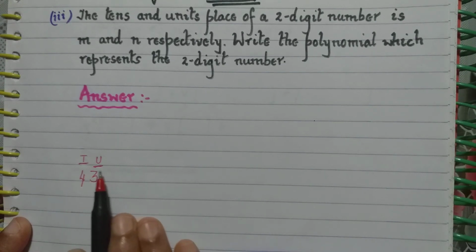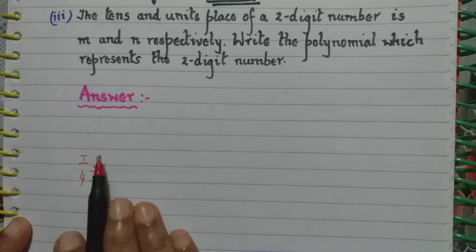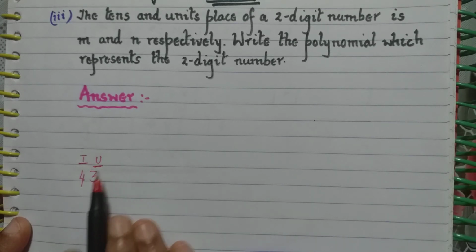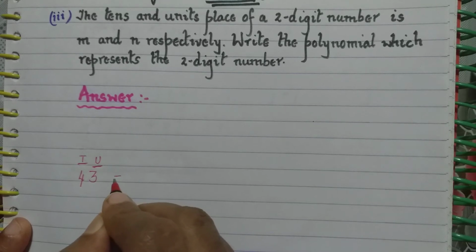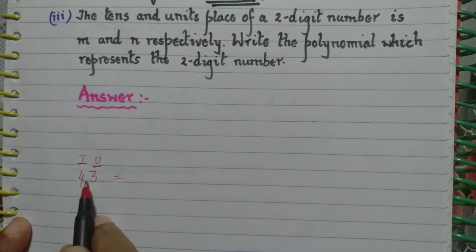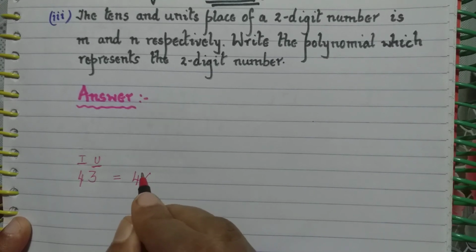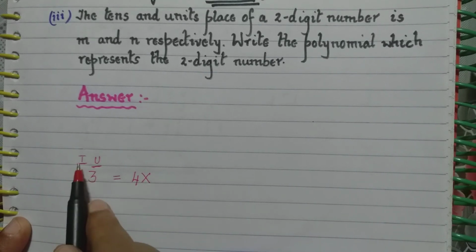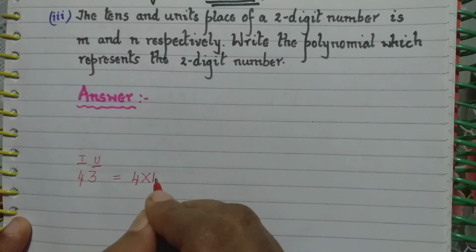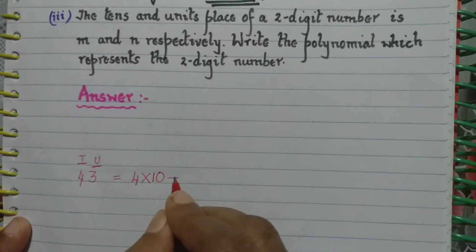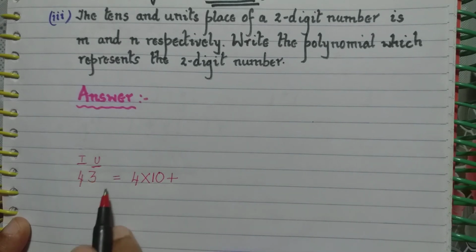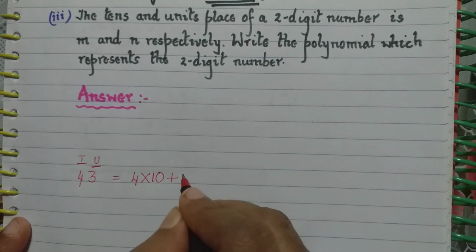Now, if I were to get 43 from this tens and units place, how will I get it? The digit in the tens place is 4. I can multiply it with, it is in which place? In the tens place. So I can multiply it with 10 plus the digit in the units place is 3.